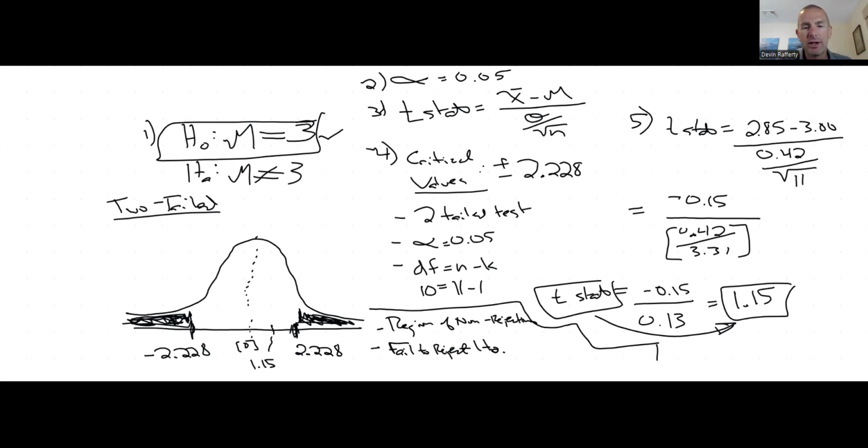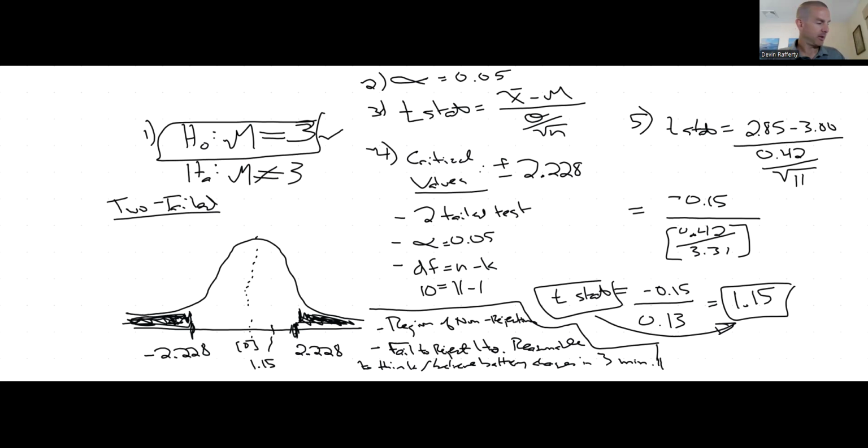If we fail to reject the null hypothesis, then we're saying it is reasonable to think or to believe the battery charges in 3 minutes. Okay. And then we're done. Well, almost. We still have to get the p-values, but okay.